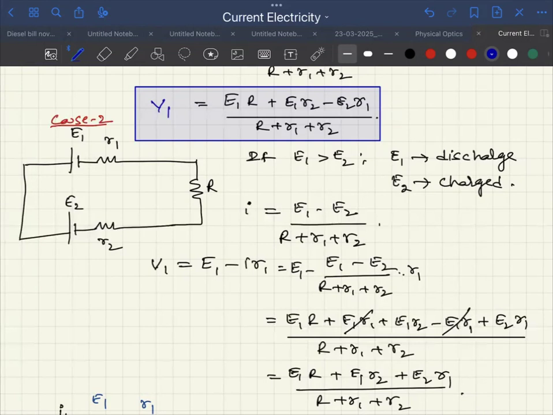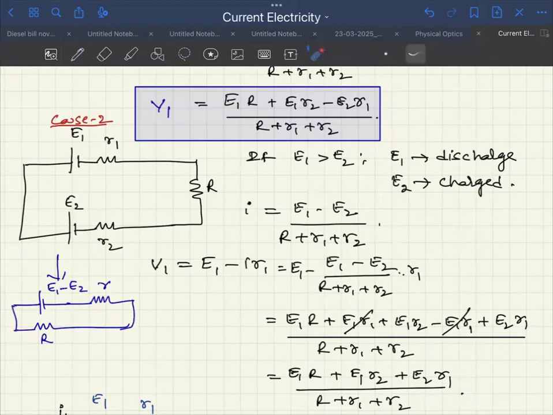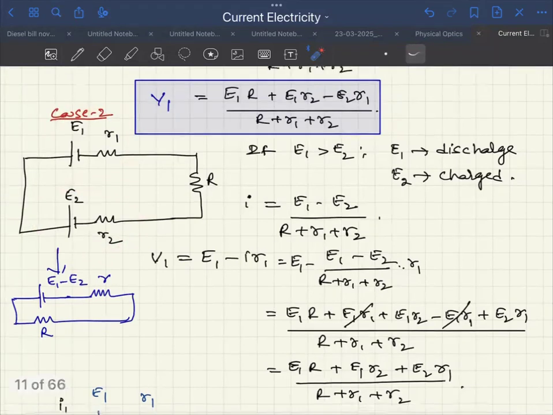Why? Because now I am drawing the circuit again. You will represent this as E1 minus E2, but the path is still the same, with small internal resistances and load resistance capital R. Accordingly, you will write the expression for current like this. Remember, one battery here is discharging, and here it is charging. So what is the terminal PD there?